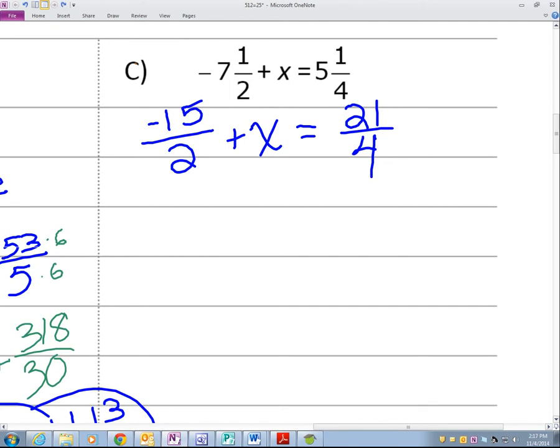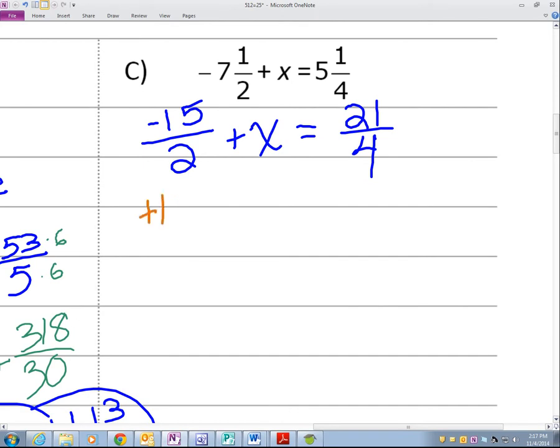This right here could be rewritten a couple ways. Actually, this whole thing could be rewritten a couple ways. But I want to be the most efficient I can be at this. So if this could be called opposite 15/2, how do I get it back to being normal 15/2? There we go.